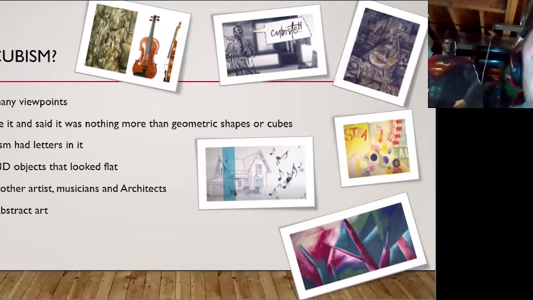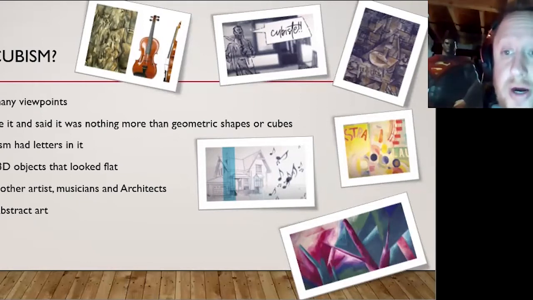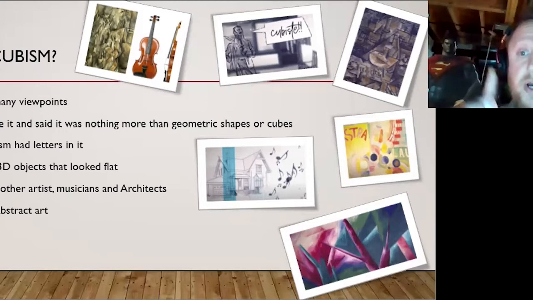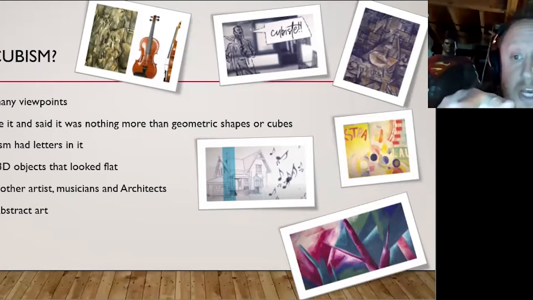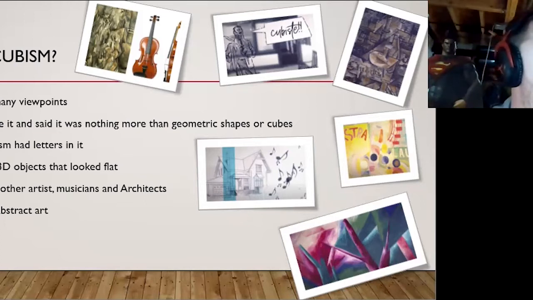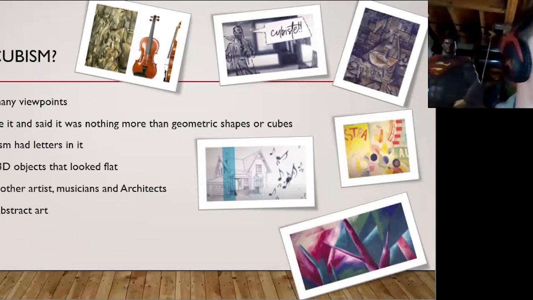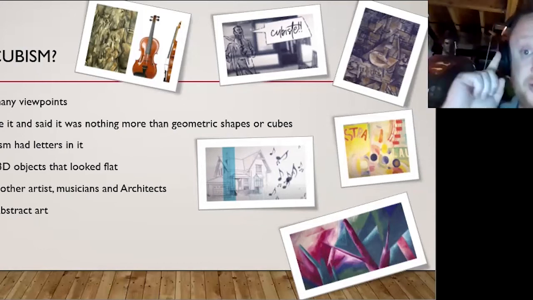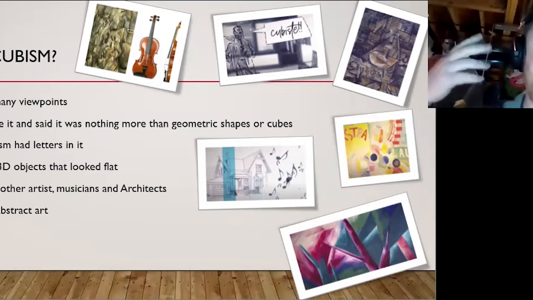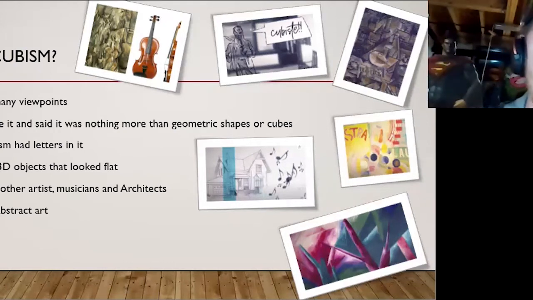Remember last week when we drew our portraits, we were drawing one person, but we drew them looking at you, and then we also drew them to the side. So this is one viewpoint when I'm looking at you, and this is a different viewpoint, even though it was only one face, and we had facial features looking at you and some looking to the side, and they were all mixed up. And that's all part of cubism.